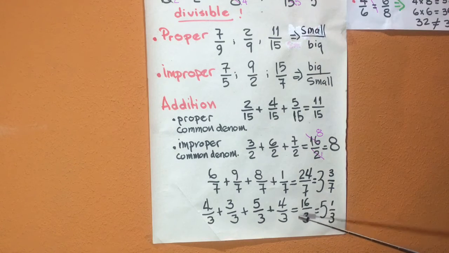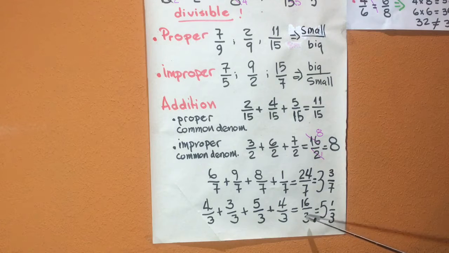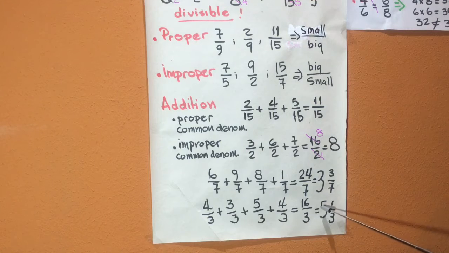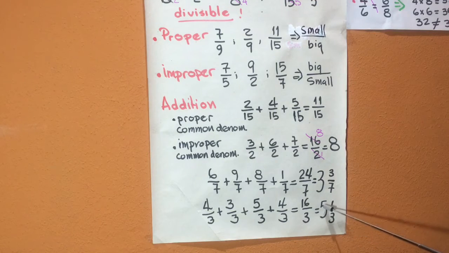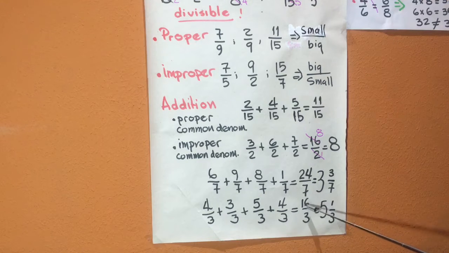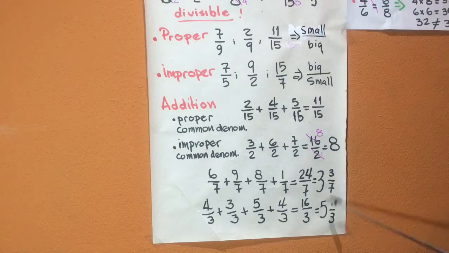Again, this is an improper fraction, so I have to change it into a mixed number. I can divide 16 by 3, and it's going to give me 5 and a remainder. 3 times 5 is 15, 16 minus 15, 1 is the remainder. So the final answer is going to be 5 and 1/3.